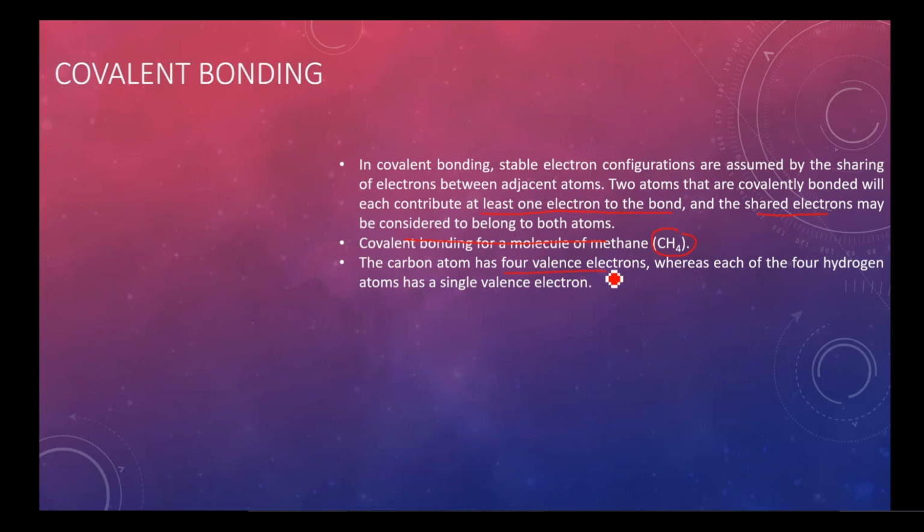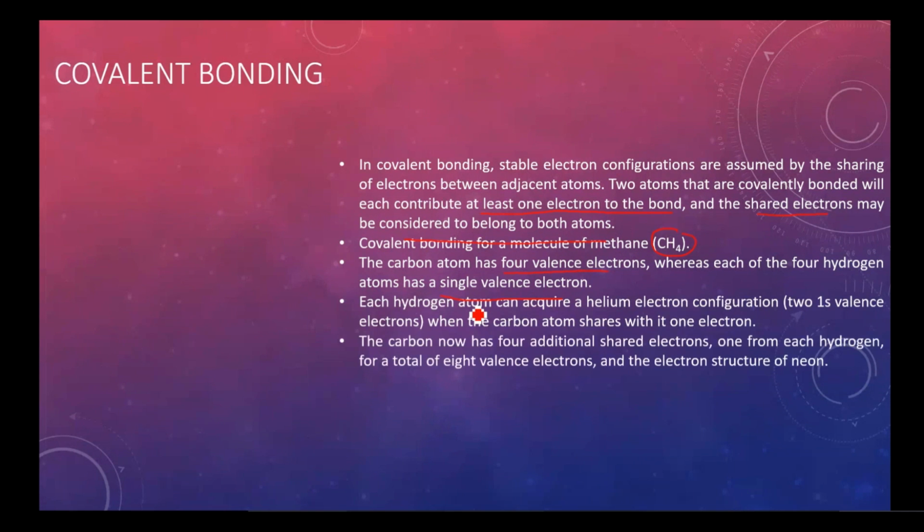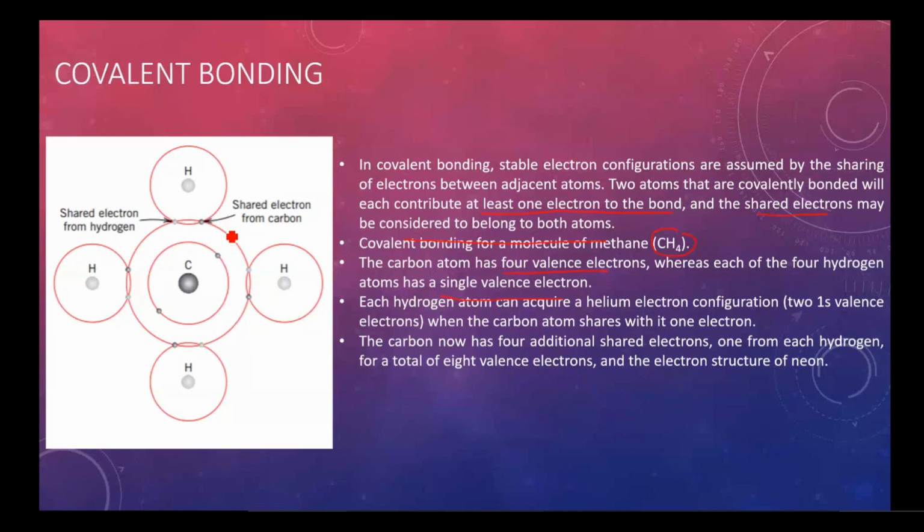The carbon has four valence electrons. So each hydrogen is sharing an electron with carbon, and eventually the carbon would have 8 electrons in the valence shell, and hydrogen would have 2 electrons in the valence shell, and thus they would both achieve the stable configuration.